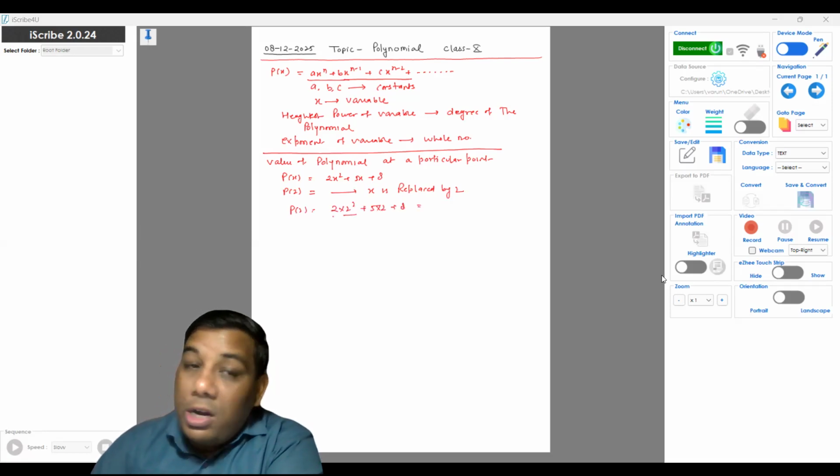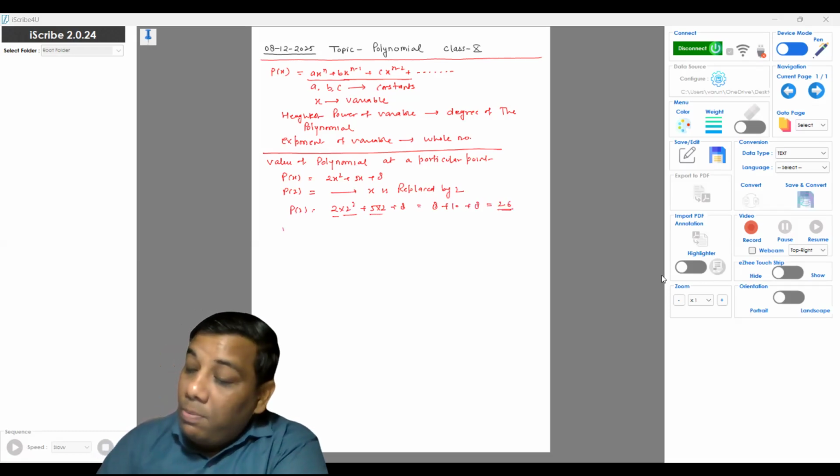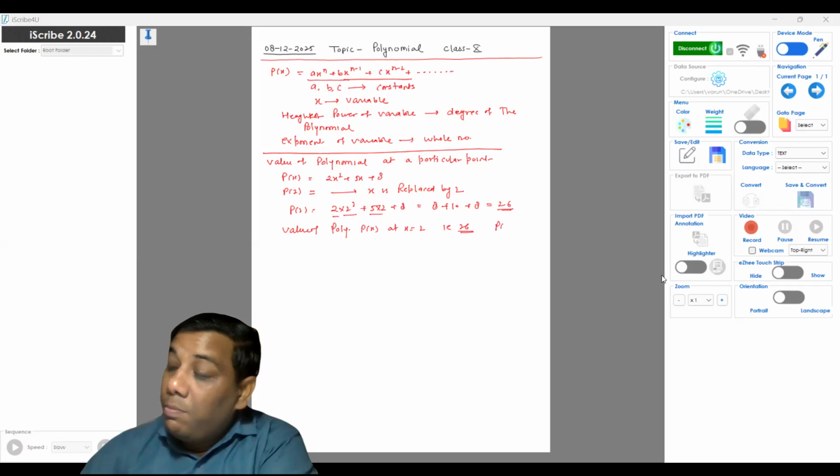Now 2 squared into 2 is 8, plus 10, plus 8, this is 26. So the value of the polynomial p(x) at x equal to 2 is 26, or we can say p(2) = 26.